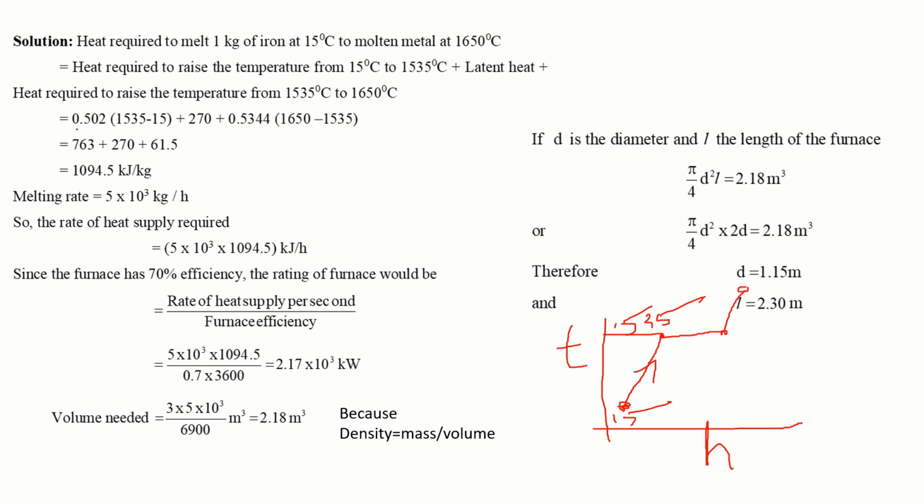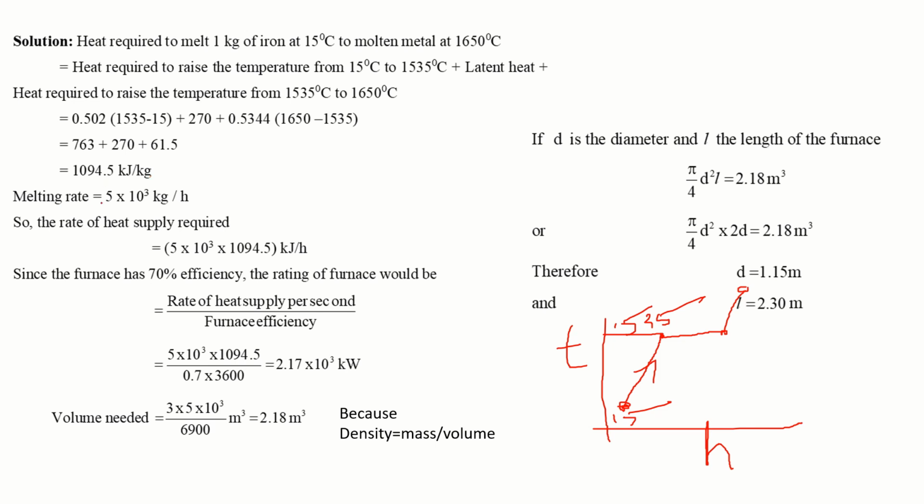So this is sensible heat, latent heat, and again the superheat. I have substituted all these and found that to bring the iron from this state to this state, the heat required is 1094.5 kilojoule per kg of iron.